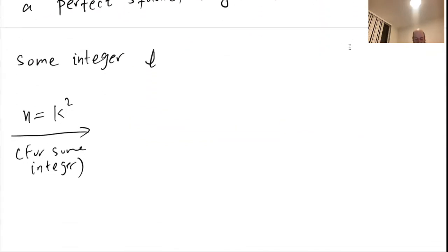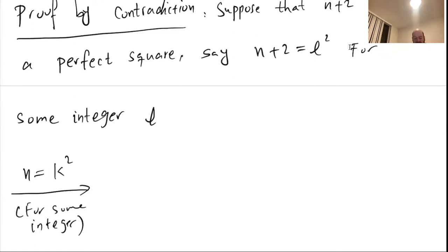So it's important here that you use a different letter, because I already wrote n plus 2 as L squared for some L, since I'm assuming that n plus 2 is a perfect square. n is also assumed to be a perfect square, so that can also be written in the form k squared, but please use different letters.